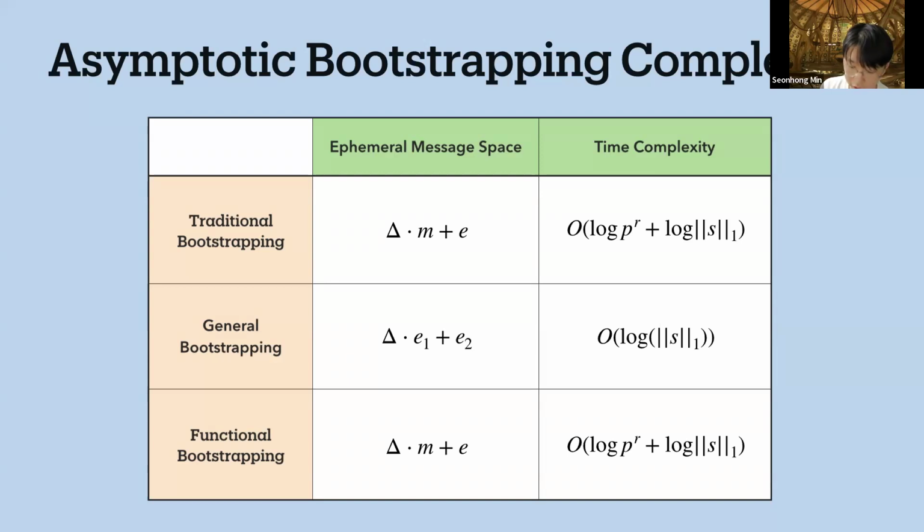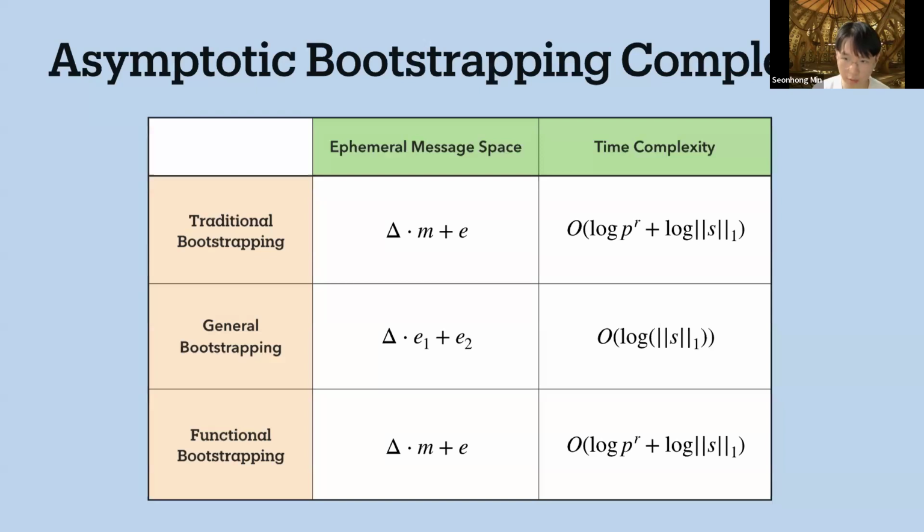But recently a new paradigm of bootstrapping was proposed, the general bootstrapping. The idea is that you can extract the message from the original ciphertext and you don't need to care about the size of the message. So in this case, you need a small ephemeral message space, which can accommodate delta E1 plus E2, where E1 and E2 are some rounding errors.